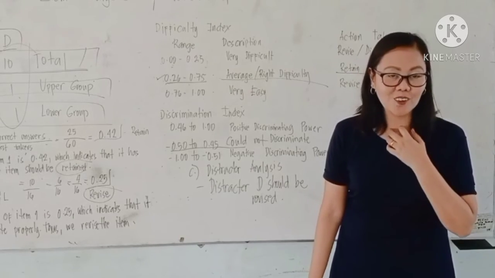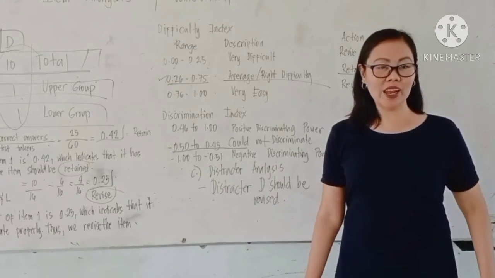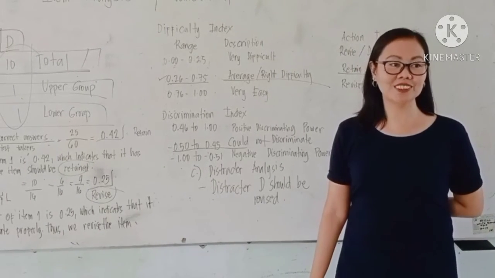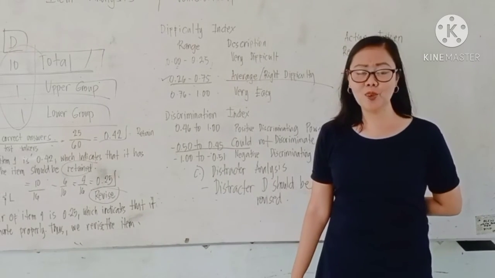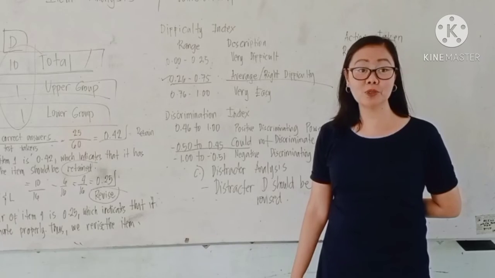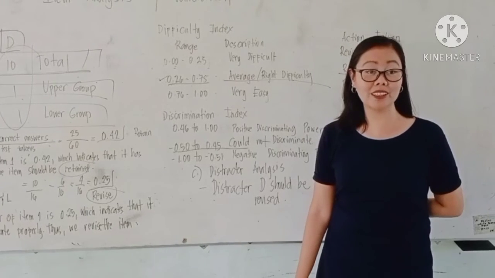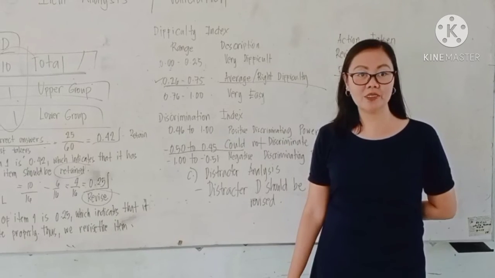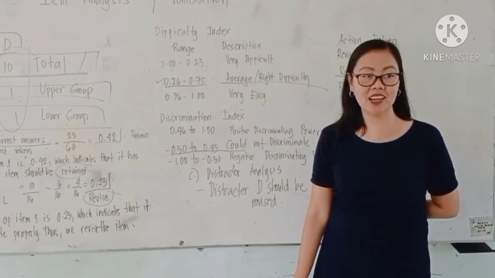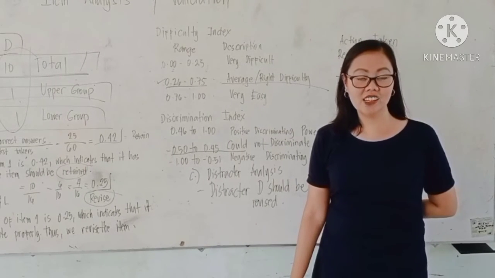Paano kung tatlo? Kung tatlo at wala ka naman ng tinamang options, no? Lahat ay kinakailangan na i-revise. Okay lang din siya. Pero kung meron namang ibang mga items, huwag mo na siyang isama doon sa final item mo. Discard mo na lang siya kasi mahina yung item na yun dahil lahat ng distractor kinakailangan na i-revise.